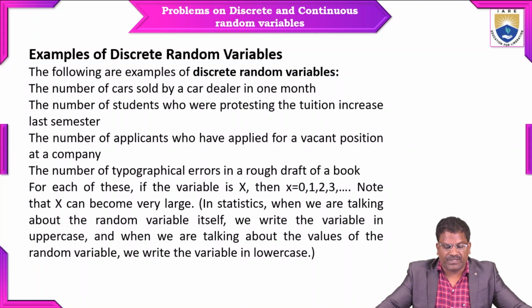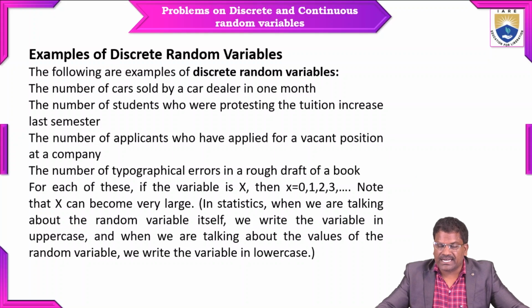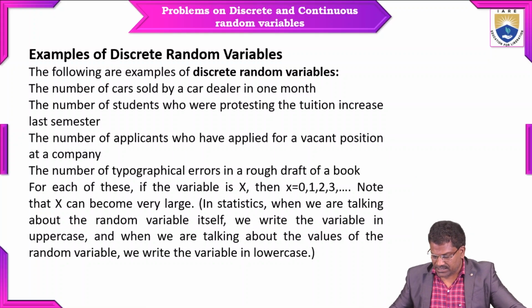For each of these, if the variable is X, then X is equal to 0, 1, 2, 3, etc. Note that X can become very large. So in statistics, when we are talking about the random variable itself, we write the variable in uppercase, and when we are talking about the values of the random variable, we write the variable in lowercase.